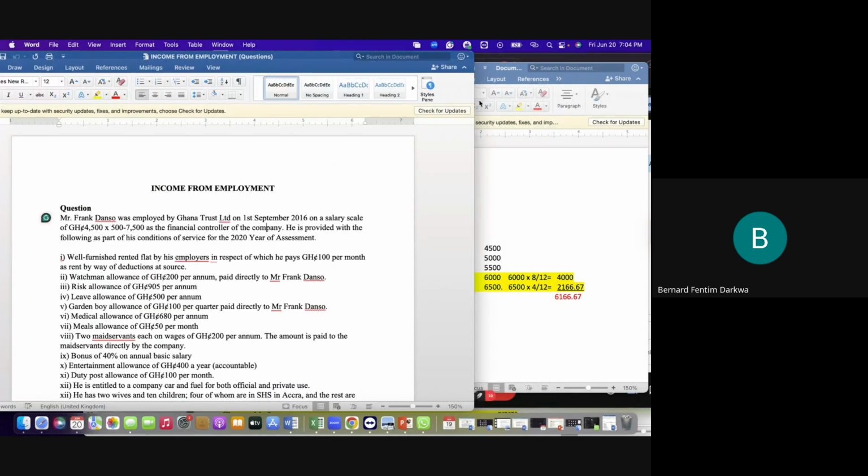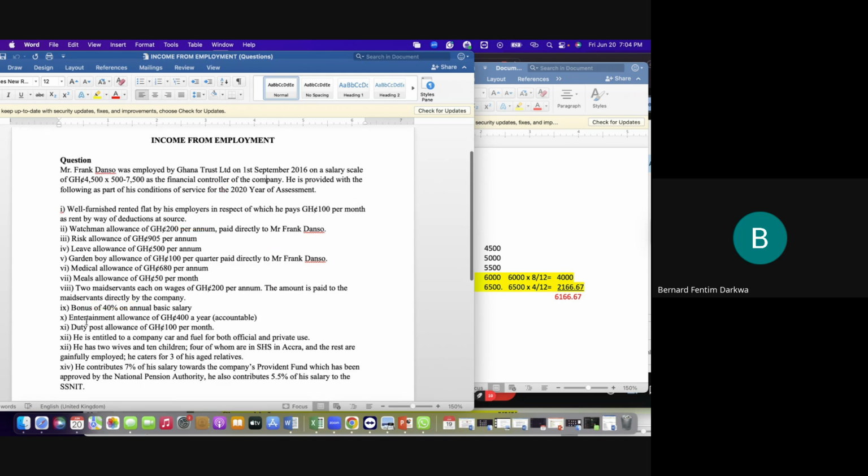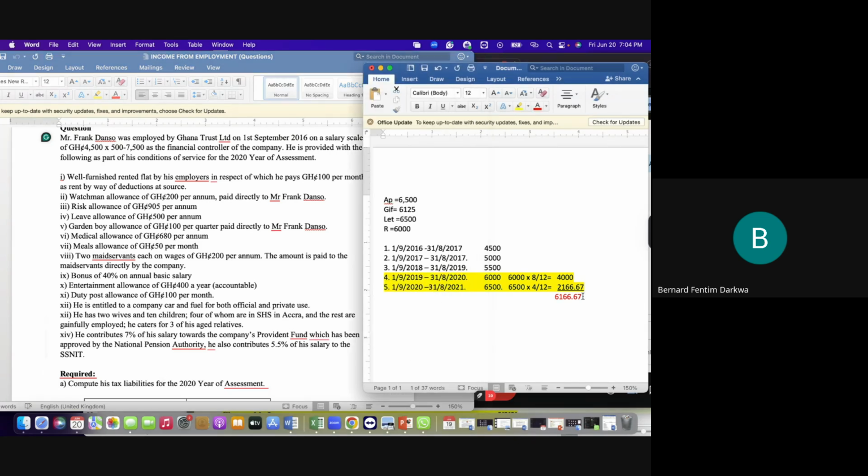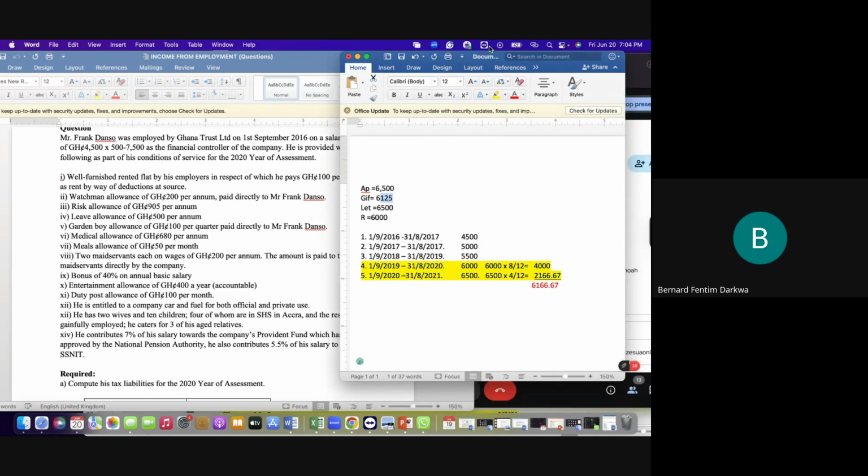So do the bonus calculation. You see there's a bonus here. He said he received a bonus of 40% of the basic salary. So now we know the basic salary to be 6,166.67. So use the basic salary and the bonus information here to calculate the bonus tax, and let me see if there's excess or no excess. If there's excess, I'm interested in the amount of the excess bonus. Are you doing it?